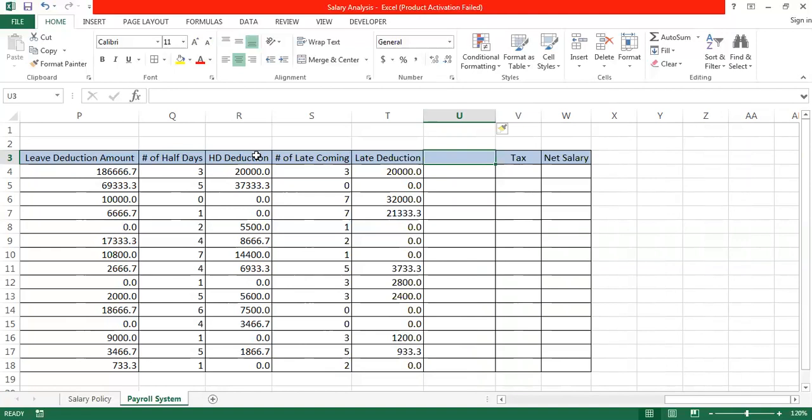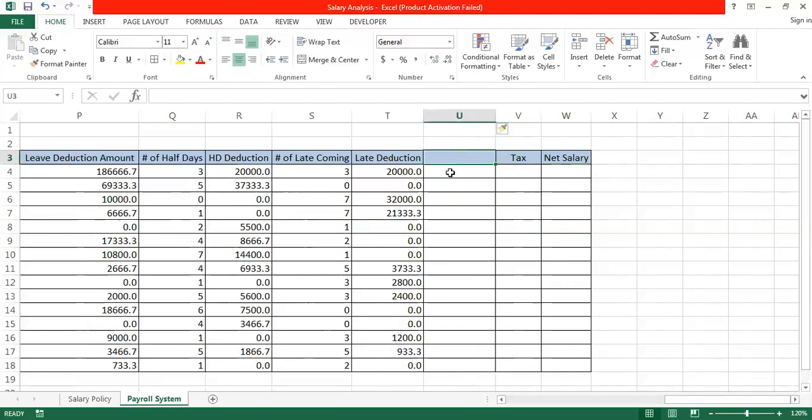overtime amount, and then we have allowances, medical, home, all these allowances are paid on the basis of basic salary, but taxes are paid on the basis of gross salary. We will pay the tax on gross salary; gross salary minus taxes will give you the net salary amount. So how am I going to calculate the gross salary?